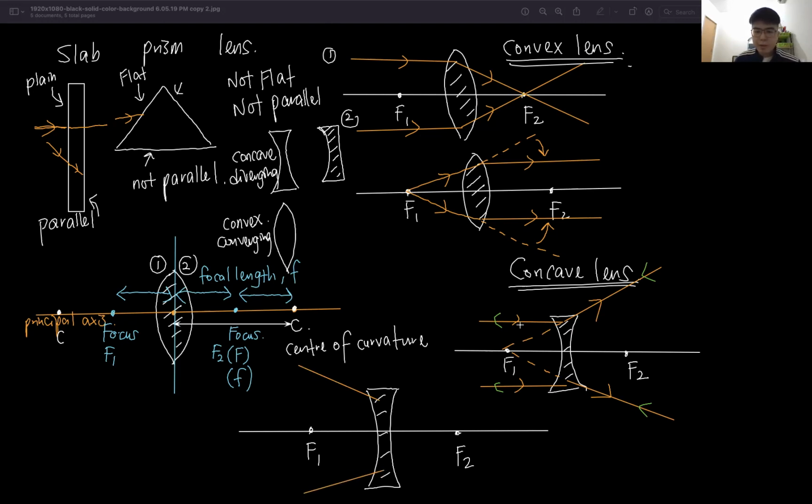After passing through, where will it go? Parallel. So after passing through, parallel like this. And these two rays, you can join the line, and it's like they are directed towards this point. Any light ray that is coming, directed towards the focal point, will go back parallel. This one is the reverse of the previous one.